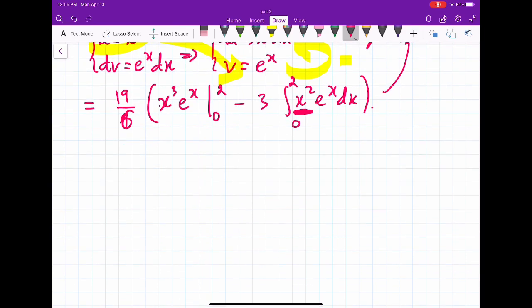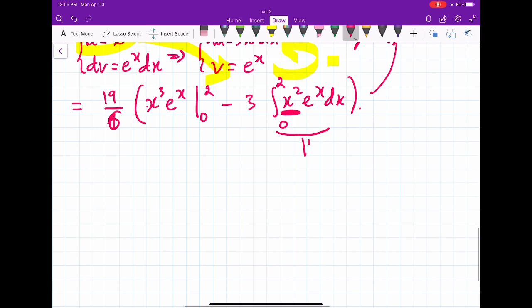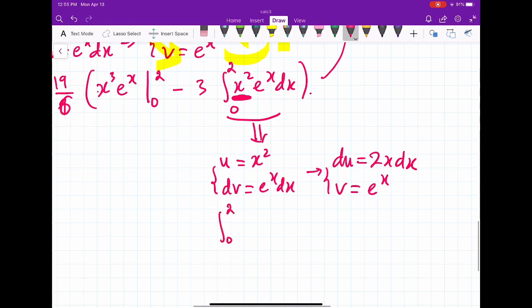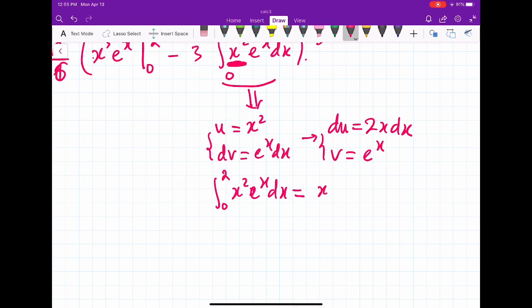So I have the following one. Let's say this part, right? I put u equal to x squared, and then dv equal to e^x dx. I have du equal to 2x dx, and then v equal to e^x. Then the integral from 0 to 2 of x squared e^x dx equals x squared e^x evaluated from 0 to 2 minus 2 times the integral of x e^x dx from 0 to 2.